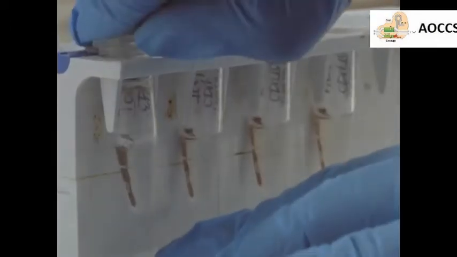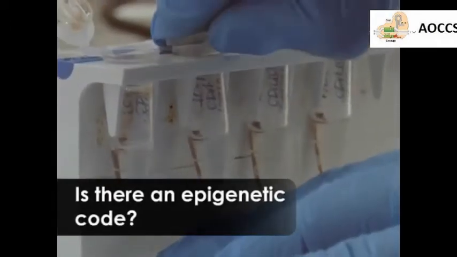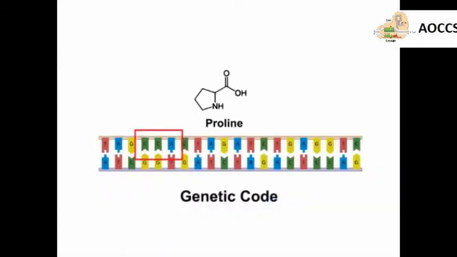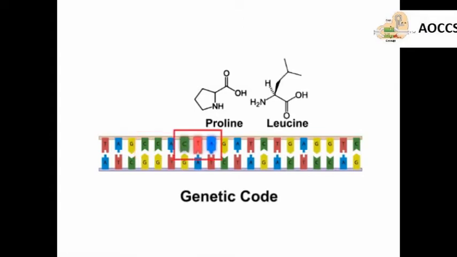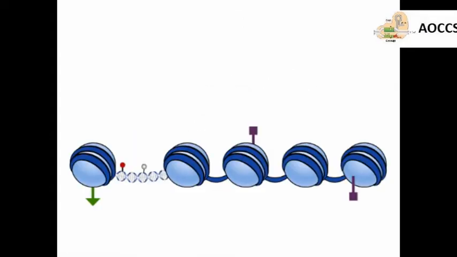A deeper question that arises is whether there exists an epigenetic code analogous to the well-defined genetic code that dictates how information in DNA is translated into protein sequence. Researchers are trying to determine if the combination of epigenetic marks form a similarly predictive code that will one day make it possible to deduce the expression pattern of every gene.